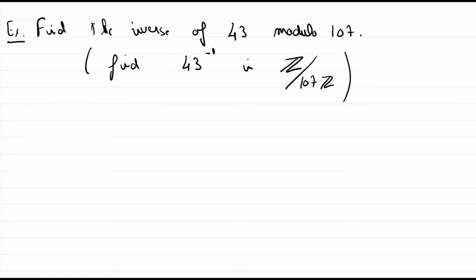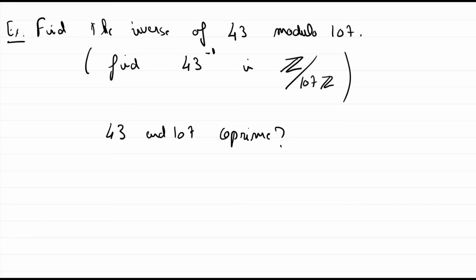So how do I know it's invertible? First of all, I have to check that they are coprime. 43 and 107, are they coprime? Well, yes, they are coprime because in fact 107 is a prime number and 43 is not a multiple of 107, so they must be coprime.